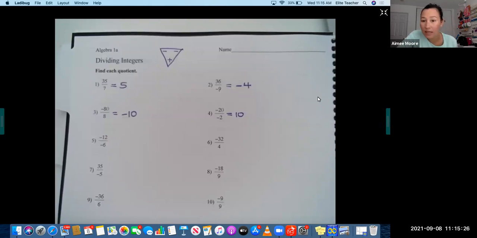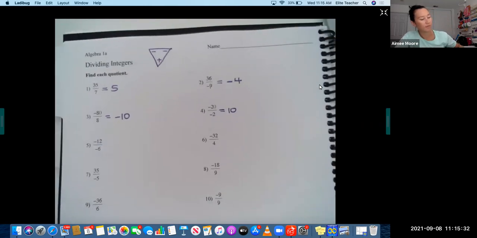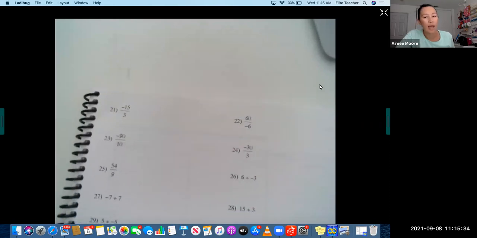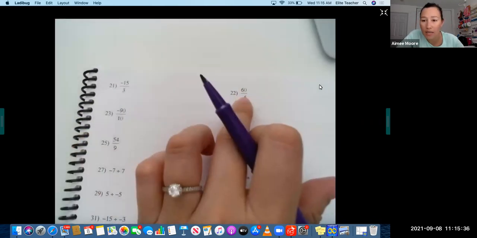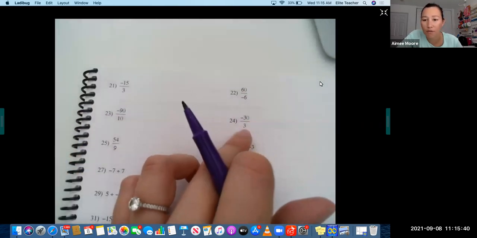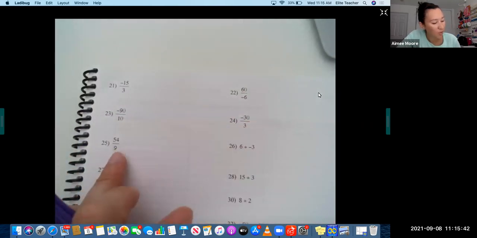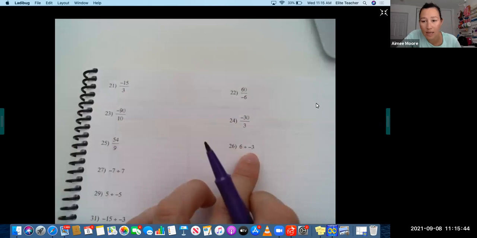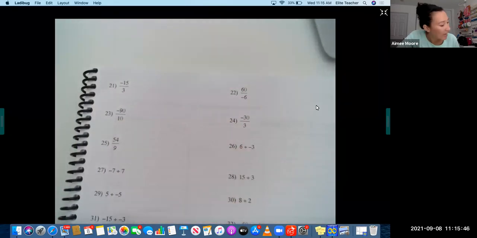Emily, 17 and 18. Eric, 19 and 20. And then Jay Lee, 21 and 22. Robbie, 23 and 24. Tristan, 25 and 26. And Zione, 27 and 28.